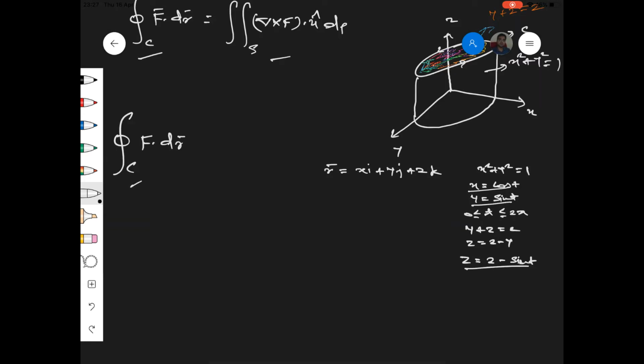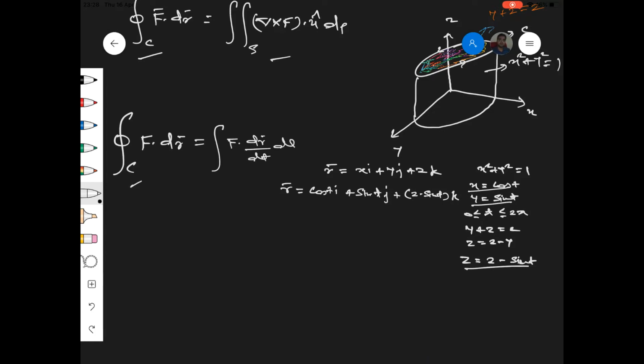We can put these here and we'll get the equation of our curve C, which is R equals cos t i plus sin t j plus 2 minus sin t k.